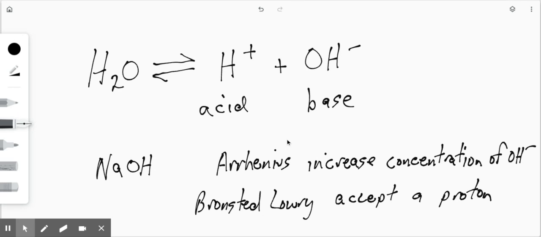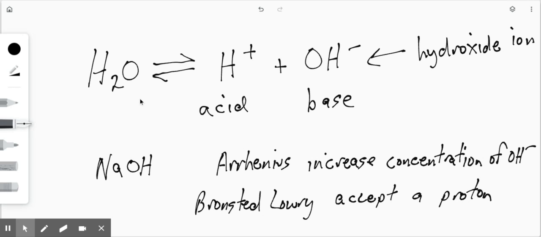In Arrhenius's mind, if an acid increases the concentration of H plus, then a base must increase the concentration of OH minus. We will call OH minus hydroxide ion. Or you could just say hydroxide for the most part, but it is the hydroxide ion.